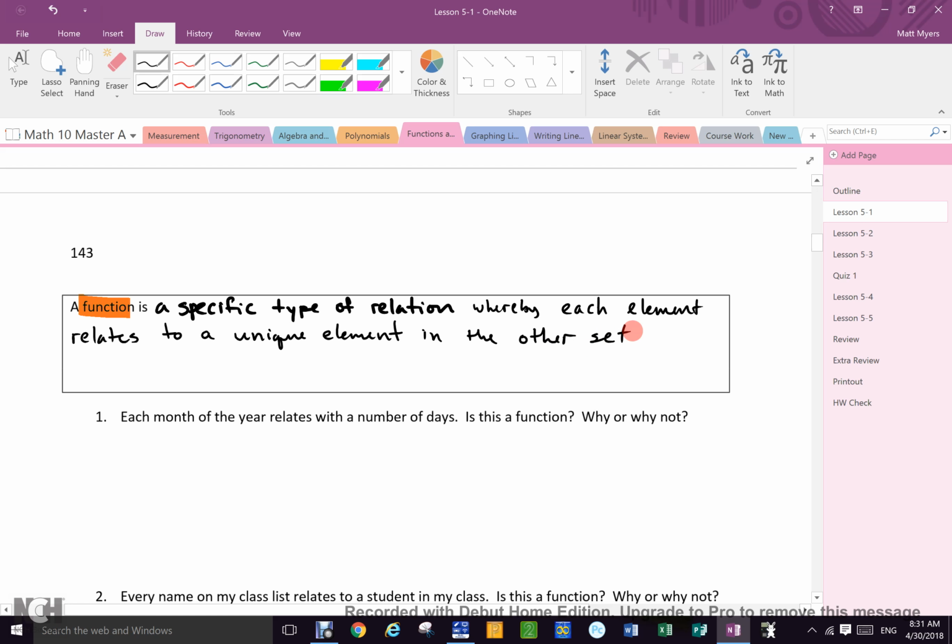So, I will remind you we had hound 60, Chihuahua 12, I think we said, Corgi 30, Lab 45, Shepherd 45, Malamute 80, right? That's a relation. The reason that it is not a function is because Lab and Shepherd both relate to 45. It was not unique. Does everybody understand?